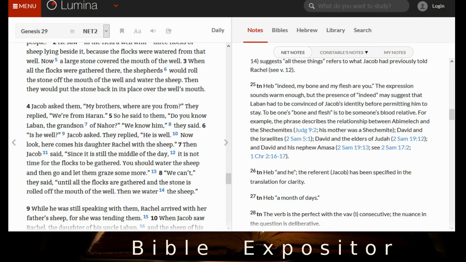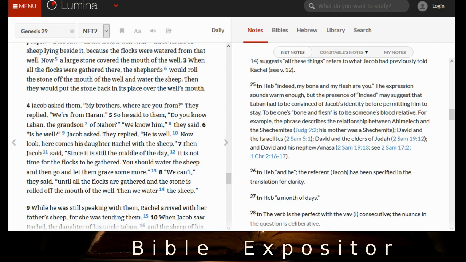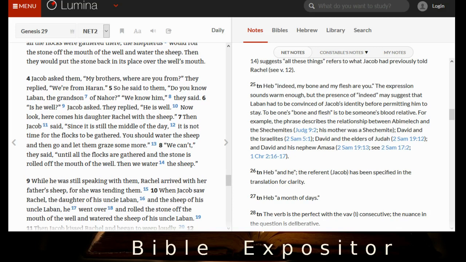But Laban neglects to tell any of this to Jacob, who accepts his offer of working for him for 7 years and then being given Rachel as his wife. Laban is deliberately deceiving and defrauding Jacob because he has no intention of marrying off Rachel before Leah. So this is what I meant in an earlier lesson where I said that this was a conniving person and that we would hear about him later, and here we are.